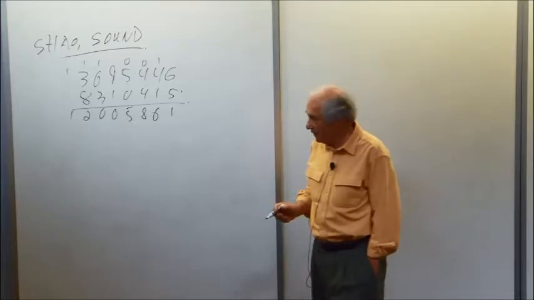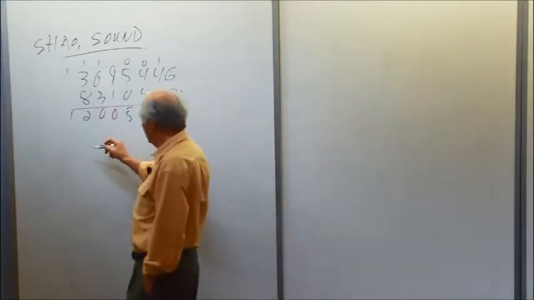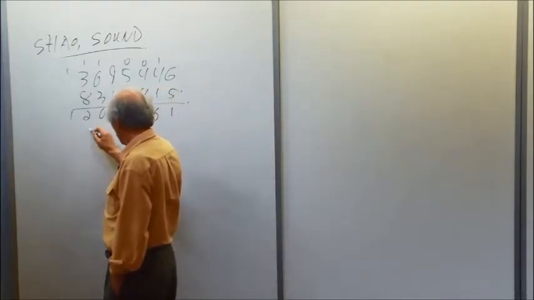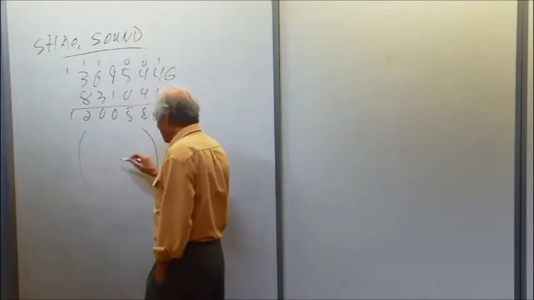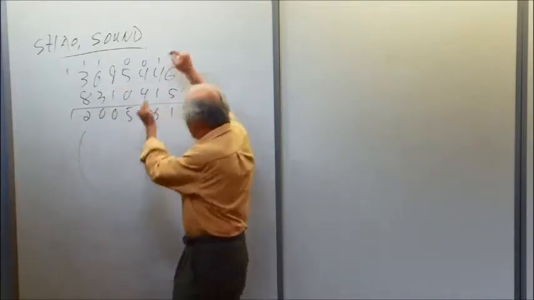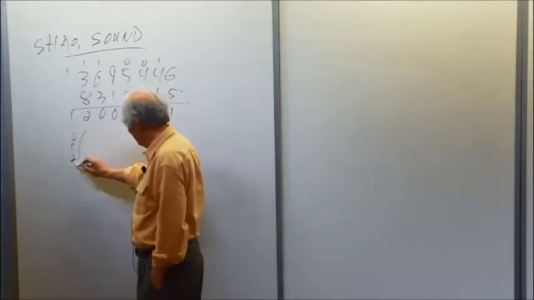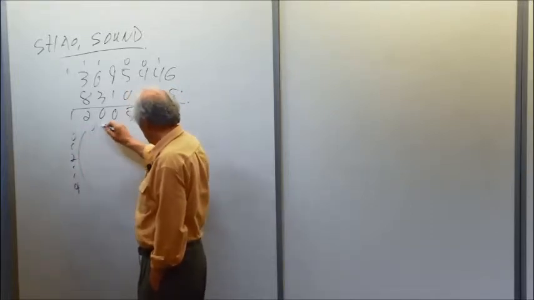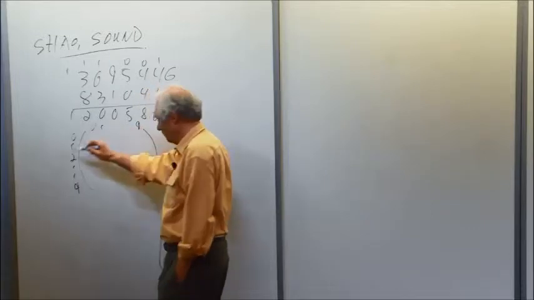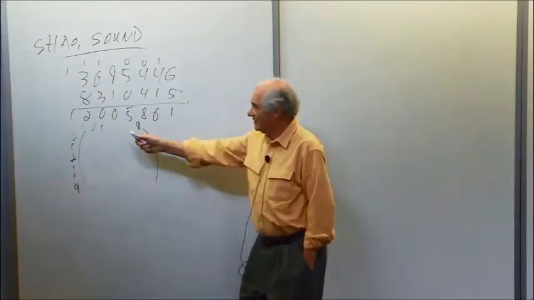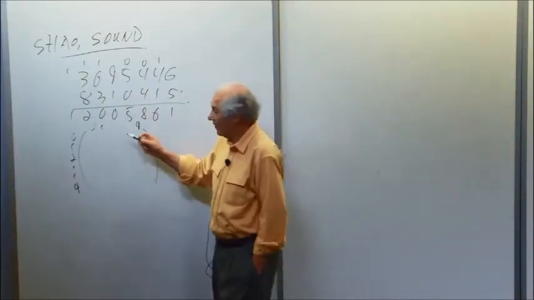So I want to talk about carries a little bit, and let's start with the carries matrix. I'm going to take just adding 2 digits, 0, 1, 2, up to 9, and 0, 1, up to 9. Those are my 2 digits. If I add 0 to anything, I don't get a carry.